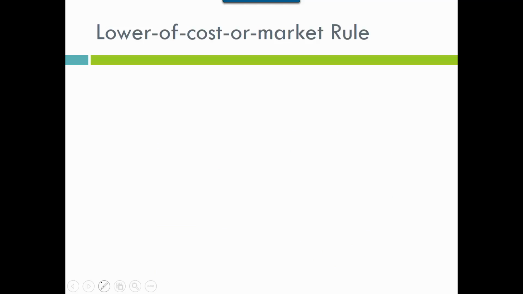I'd also like to show you lower of cost or market. And this is, at the beginning we talked about the different principles that apply to this, and one of them we talked about was conservatism. And so this is conservatism in action right here.